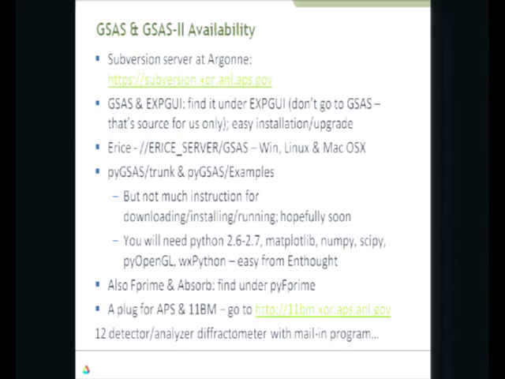You will also find in there 2 other little amusing programs. One's called F-Prime, and another one's called Absorb, which is in this entry in the Subversion server. These 2 are the first things I wrote in Python. And so it was basically a practice as to how you write stuff in Python.